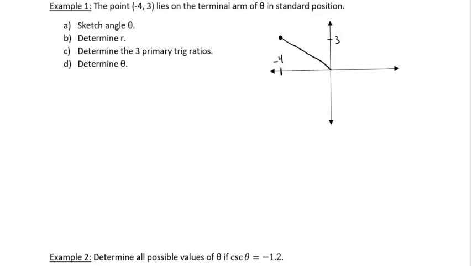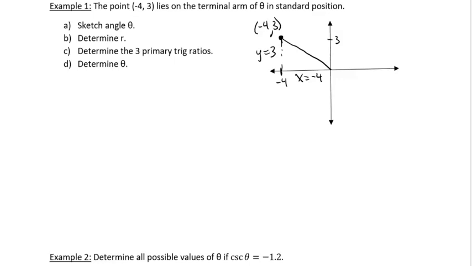It doesn't say the end, but if they give you a point, assume it's at the end. I'm just going to put the -4 down here so we can label the sides better. That means that the y value is 3, and the x value is -4. And then the r value, you can probably guess it based on knowing your 3, 4, 5 triangles, but I'll show you how to calculate that in a minute if you don't.